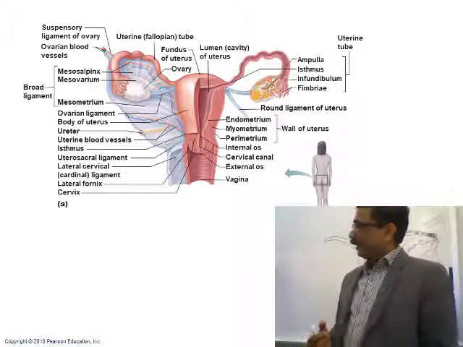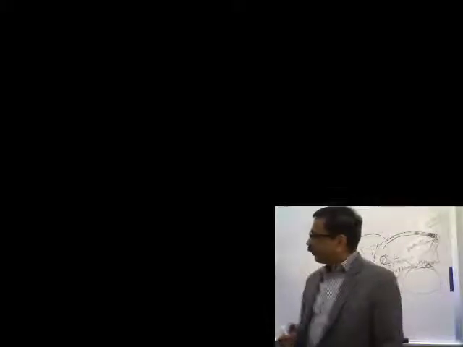And the uterus has different parts. The top part, between the two uterine tubes, is like a dome. That dome-shaped part is called the fundus. You have seen the fundus in the stomach too, right? Then you have the body part.